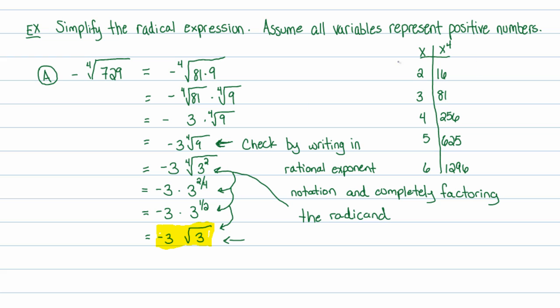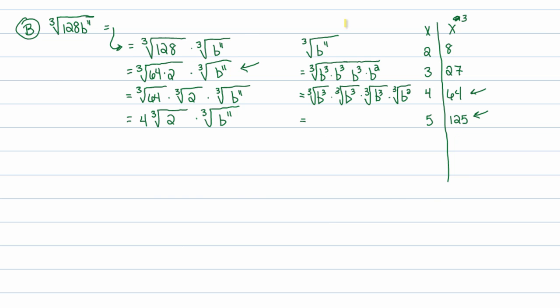We are assuming all variables represent positive numbers. So for now, let's just assume that the third root of b to the third will just turn into b. They undo each other. So it's going to be b, next one will be b, the next one will be b, and the last one actually doesn't simplify down. It's just the cube root of b squared.